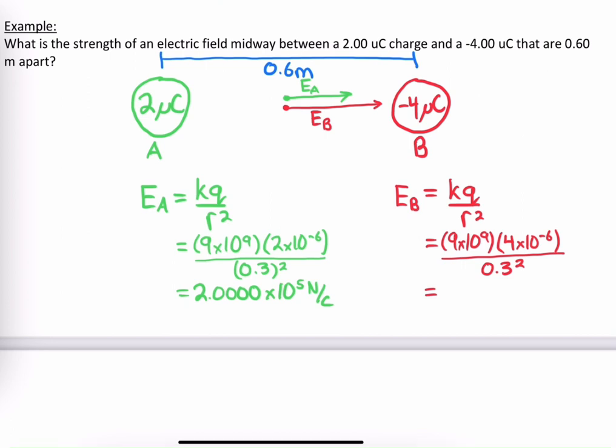And this one is 4.0000 times 10 to the 5 newtons per coulomb.